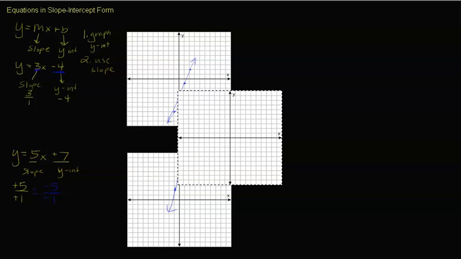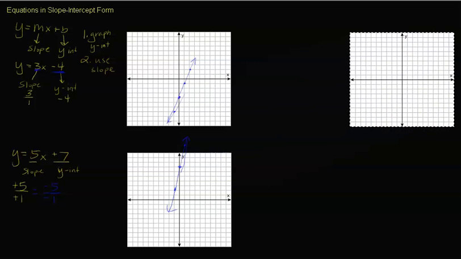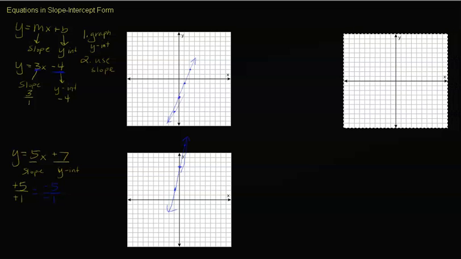Now, we're going to have a little bit trickier ones that we're going to have to rearrange. Let's say that we have 2x plus 3y minus 9 equals 0.